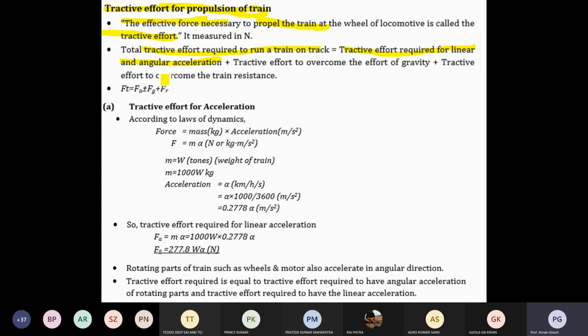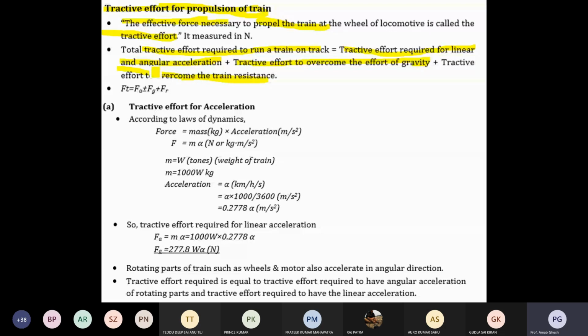Plus, the tractive effort to overcome gravity, definitely. Gravity means a lot of static friction. This model has a lot of dead load, so first you have to overcome the dead load of the system, meaning the inertia is very high. Plus, the tractive effort to overcome the train resistance. Train resistance means the dead load plus all the passengers inside the train.